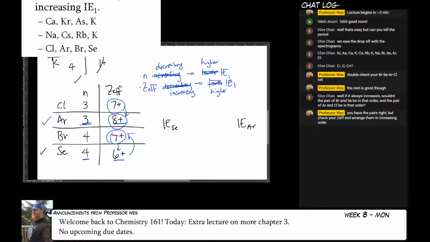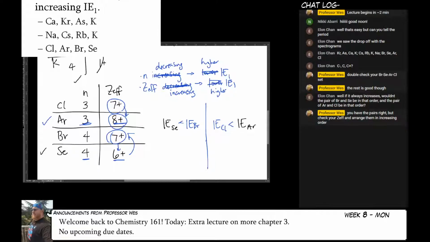So I know that these are true. I'm going to put them in blue for now. I'm going to put a big line here just to say that we haven't figured out this relationship yet. So we know that these two statements are true.